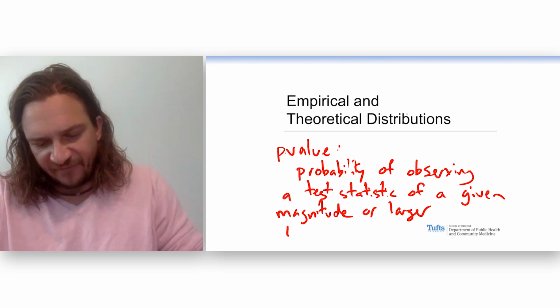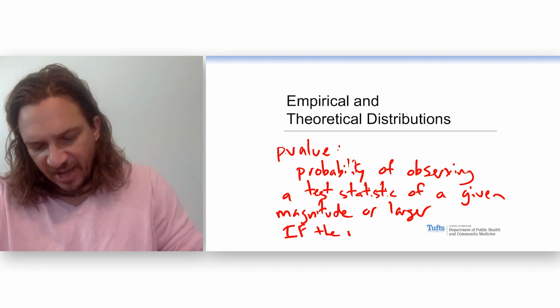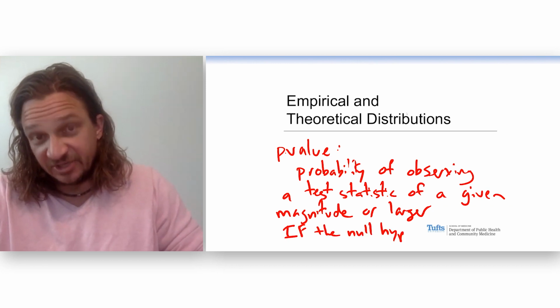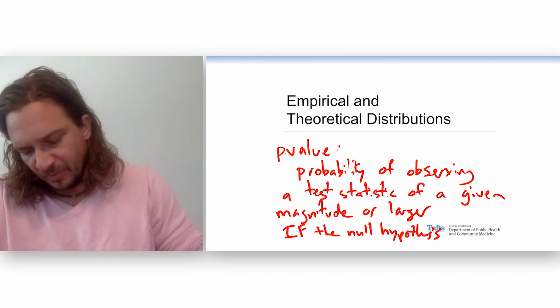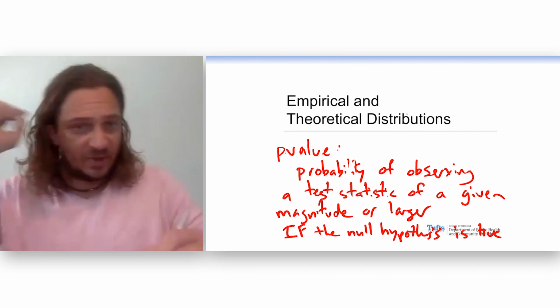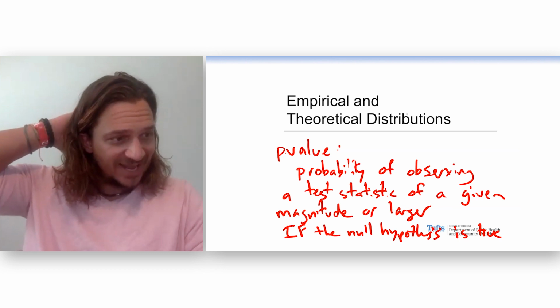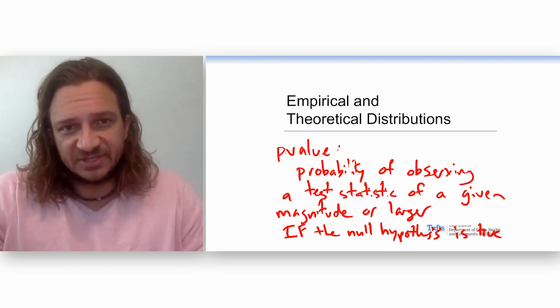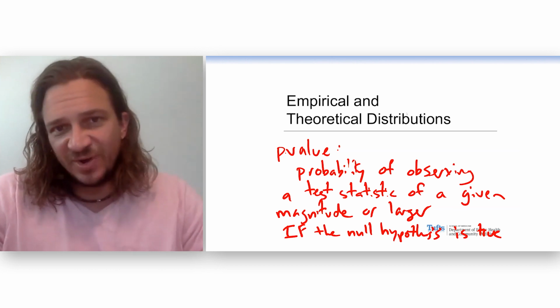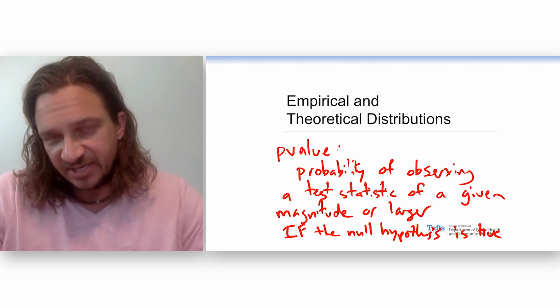Remember this part: if the null hypothesis is true. And today we're going to talk a little bit about what things would look like if this null hypothesis were true. We're going to distinguish between empirical and theoretical distributions.